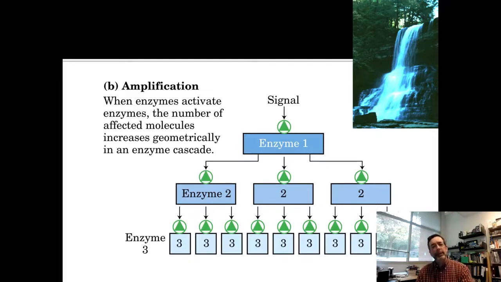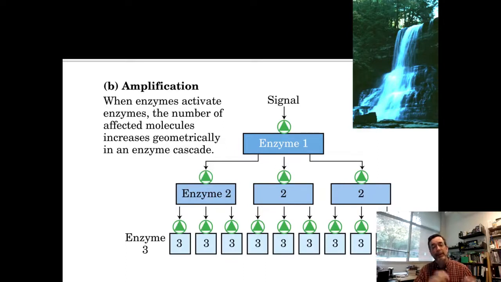Basically, the signal activates enzyme 1. The thing you know about enzymes is they don't have to produce just one substrate. In fact, they usually can produce tens or dozens or hundreds of substrates. If enzyme 1 is turned on, it can produce 3 substrates that react with enzyme 2. Enzyme 2 will convert those 3 substrates and it will activate 3 more enzymes.